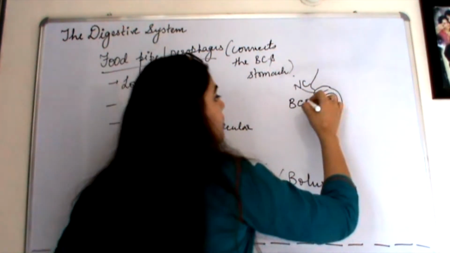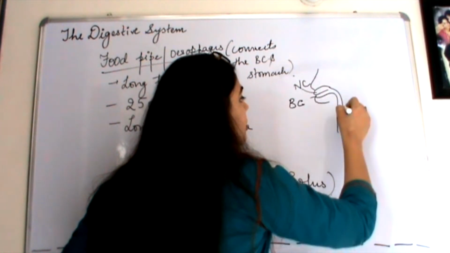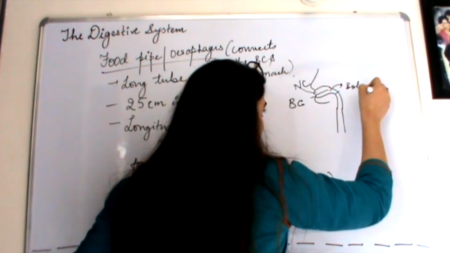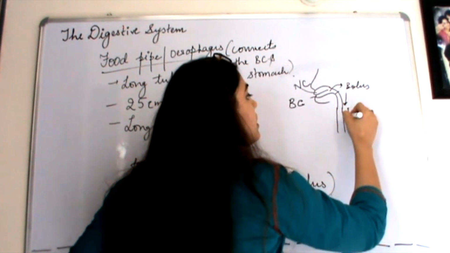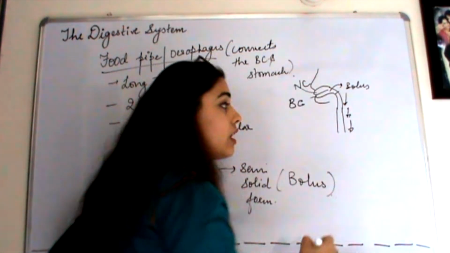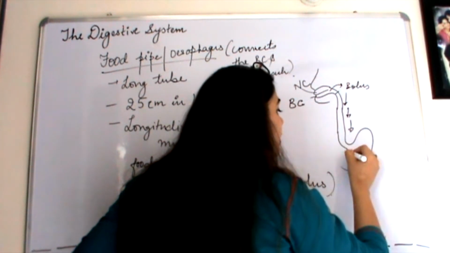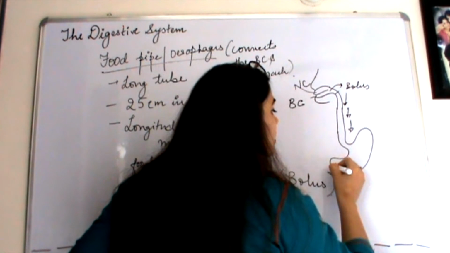So what will happen from here? You chew the food, and here it becomes the bolus. Now the bolus needs to be pushed down so that it can in turn enter the stomach, right? This is our stomach.